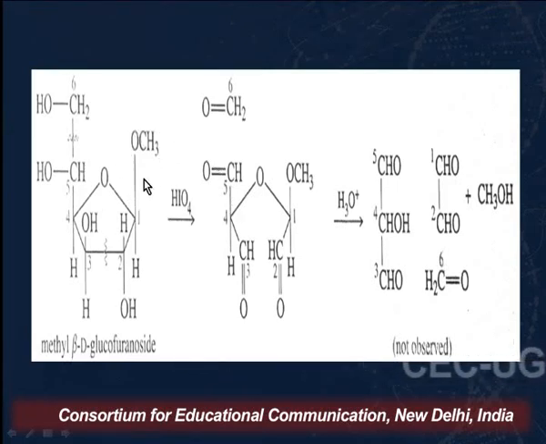Formaldehyde was not formed. So this clearly indicates that if it was a 5-membered ring, the bond should have cleaved from here. We would have got formaldehyde here, and then the bond would have cleaved from here, which would have given us this dialdehyde. So this was not the case. So it clearly proves that glucose has a 6-membered ring.